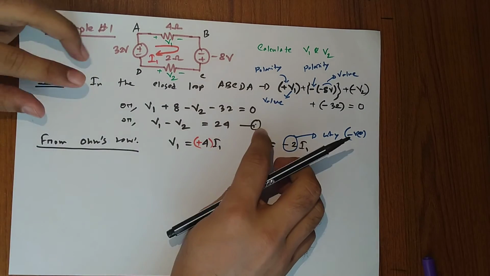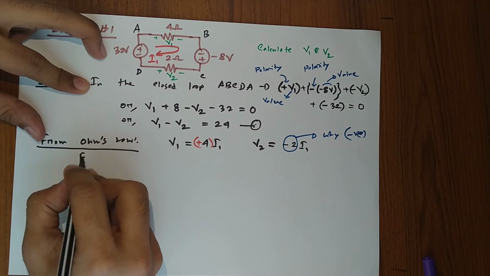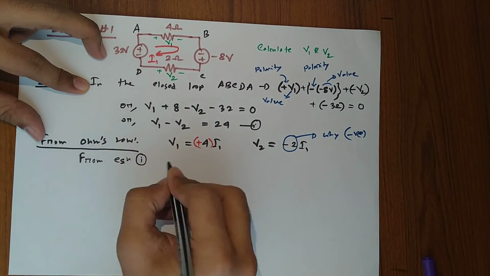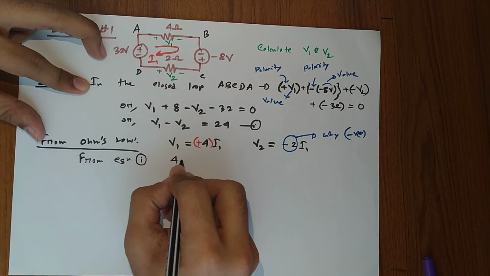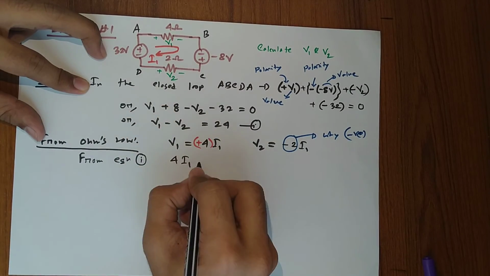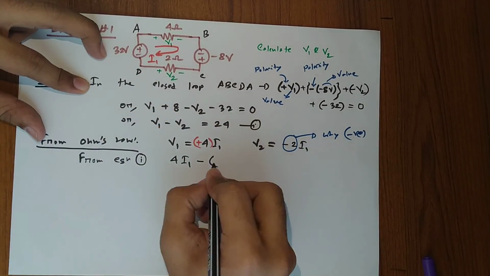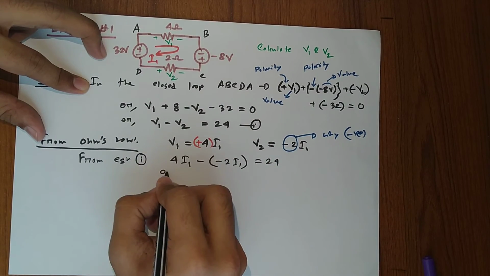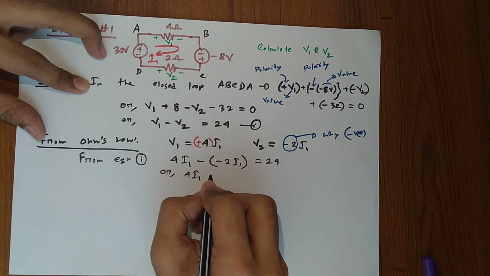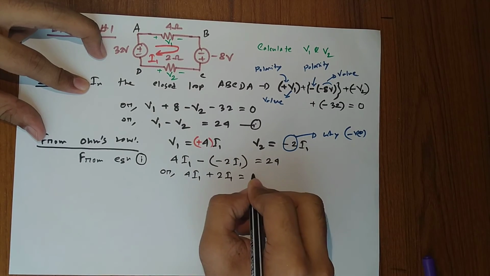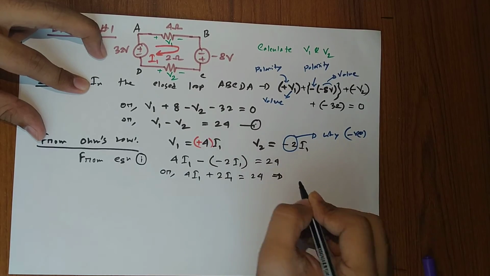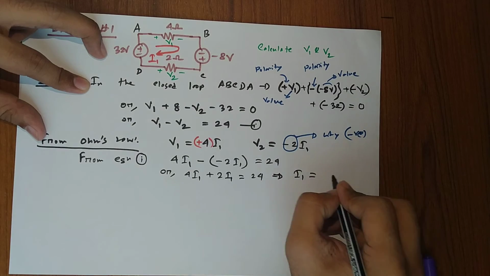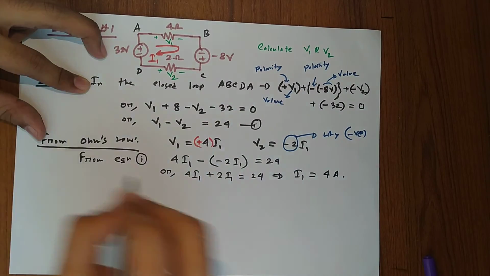Okay. Now from equation 1, what is the value of V1? This is 4I1 minus V2, which is minus 2I1, is equal to 24, or 4I1 plus 2I1 is equal to 24, which means I1 is equal to 24 divided by 6, 4 amps.